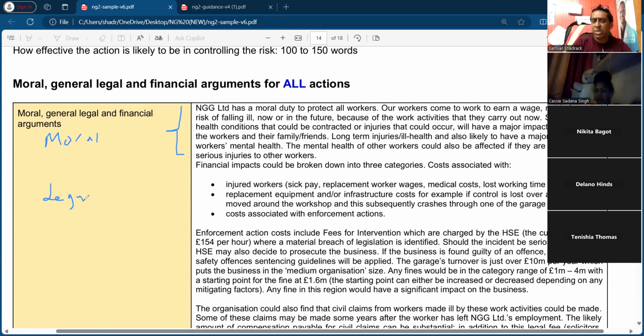It doesn't really matter which one you do second or third, once you cover all three, right? So legal, I think, is down here. So you do a legal argument why health and safety should be managed. And then finally, or in this case secondly, you write a financial argument why health and safety should be managed, right? So let's go into this. I'll dissect it a bit.